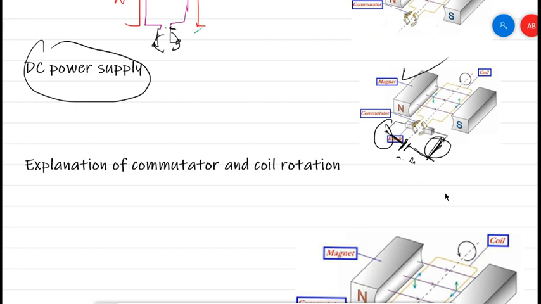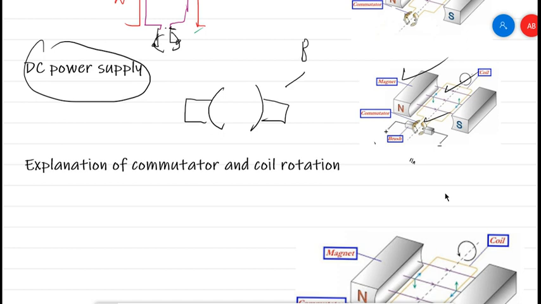Go ahead. I told you how many parts we have discussed: the pair of magnets, then the rotating coil, then the commutator. Just after the commutator, attached to the commutators, on both split rings we place the brush, the carbon brush, or just the brush.